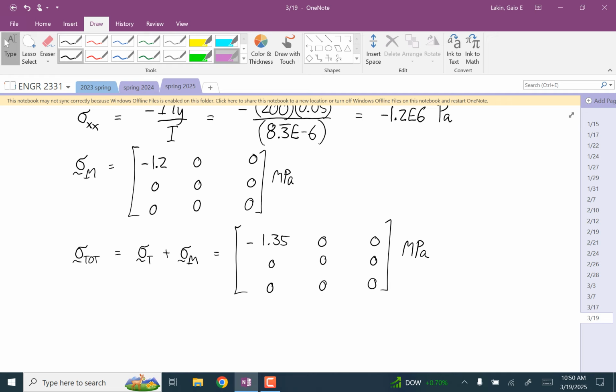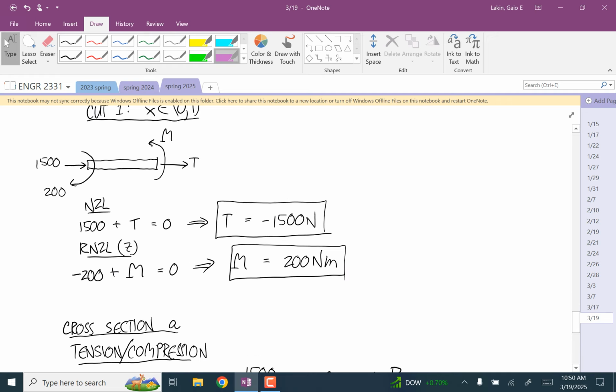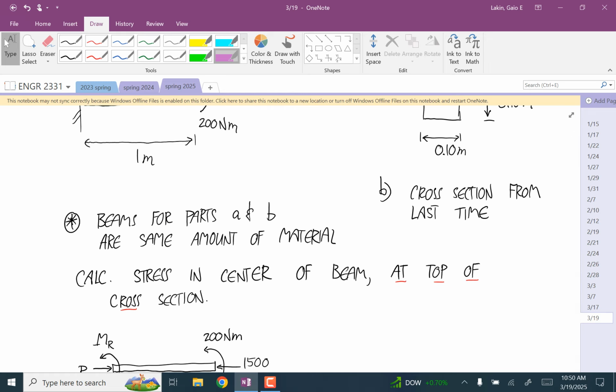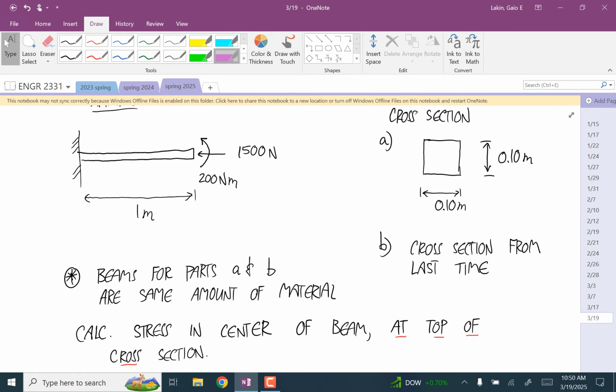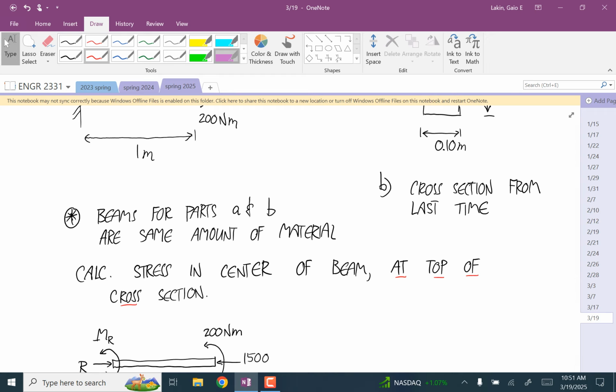So when you said calculate the stress at the center and the top, did you mean from the center to the top? No, by the center, I meant along this cross section. Oh, okay. But it was the same everywhere along the beam anyways. So this is the x location.